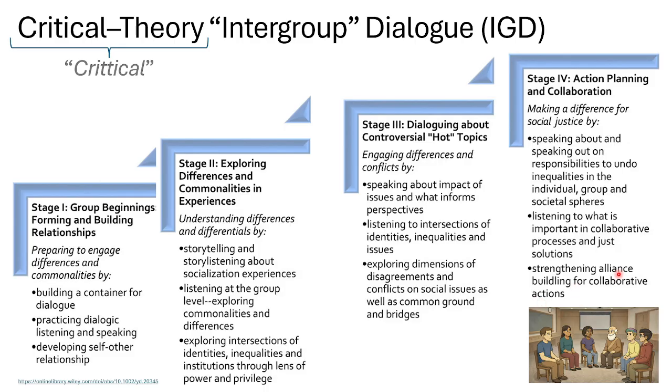Ultimately, after you go through all these steps, it all comes down to building an alliance of people from different backgrounds and experiences to take collaborative action in a political way for social justice, typically is how you'd express the goal there.